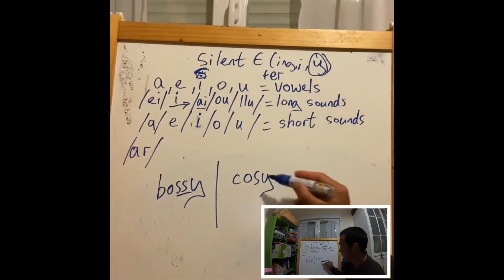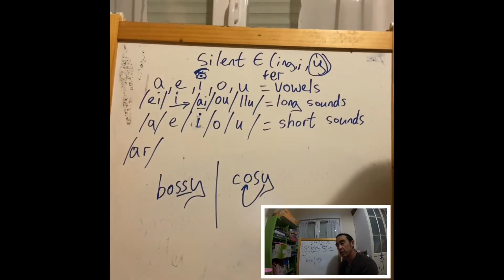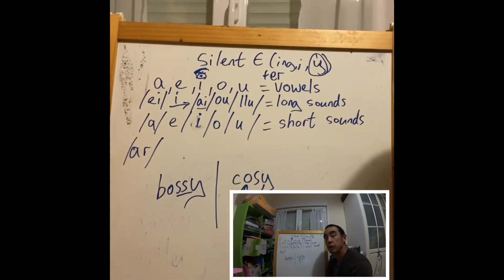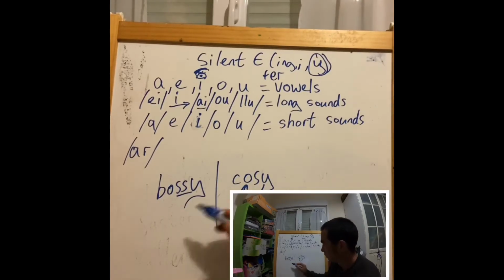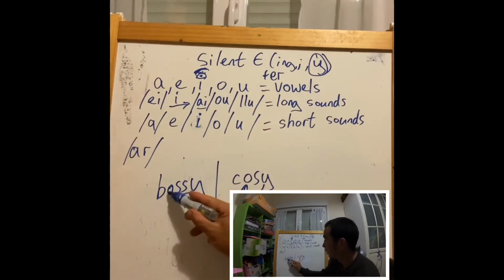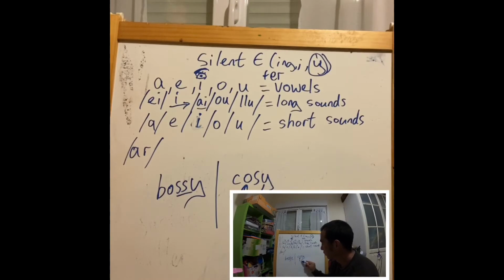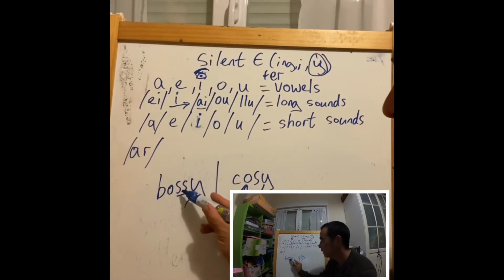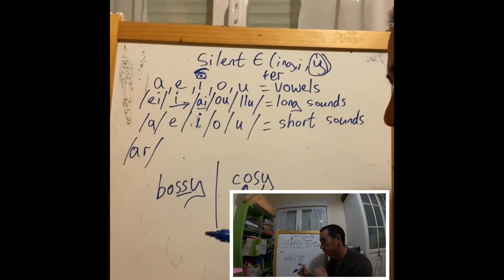Here, this Y is affecting this vowel and making it longer. That would be cozy. O, cozy. O, short, bossy. Because of this Y, it is able to jump across and affect it. Here, a double consonant would stop that.